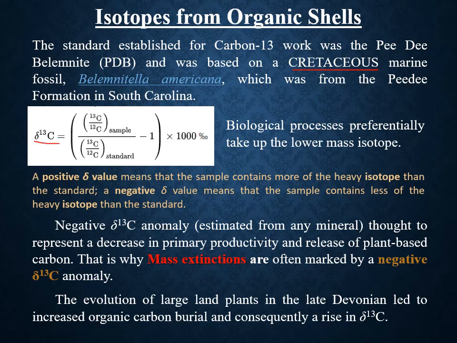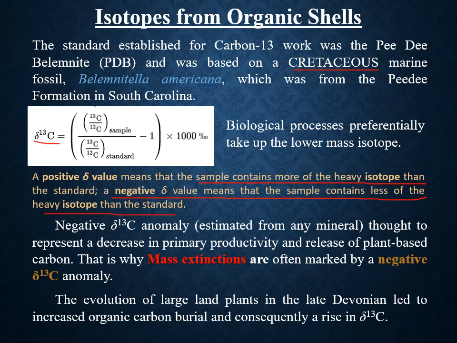A positive delta value indicates that the sample contains more heavy isotopes than the standard, whereas a negative delta value means the sample is enriched with lighter isotopes, or the other way, the sample contains a lesser amount of heavier isotope than the standard. So positive del 13C means enriched with heavy isotope, negative del 13C means enriched with lighter isotope.